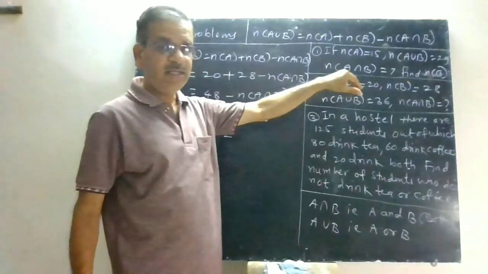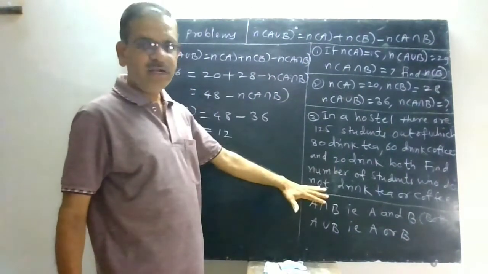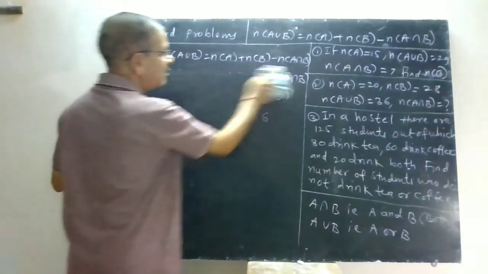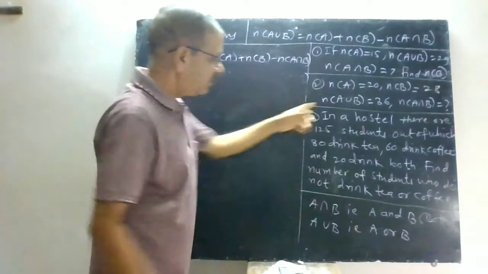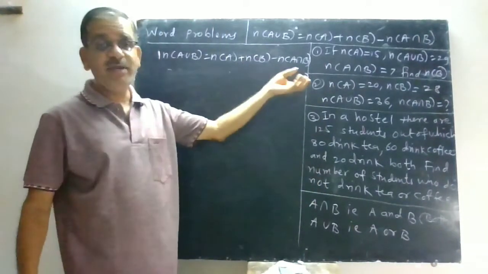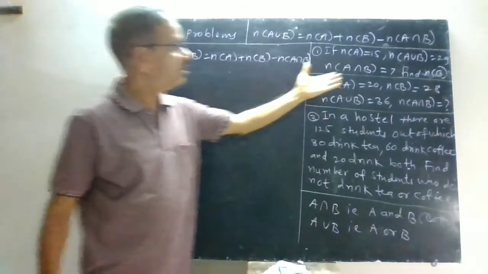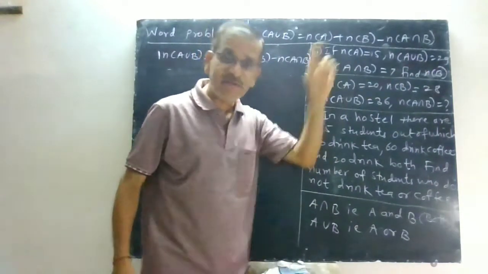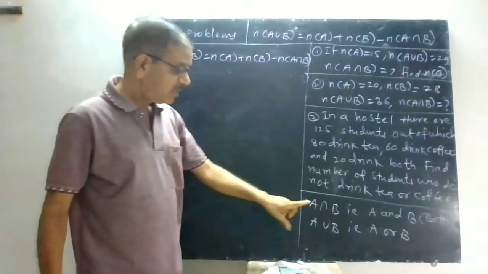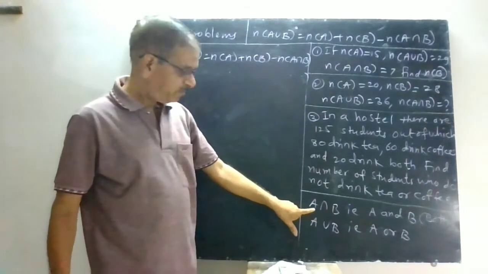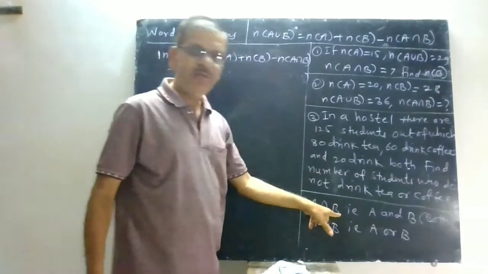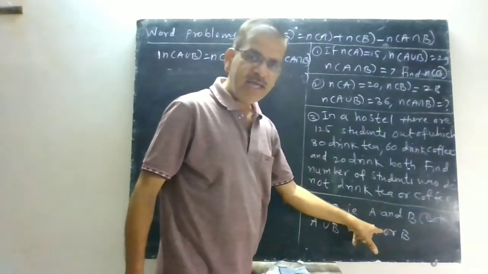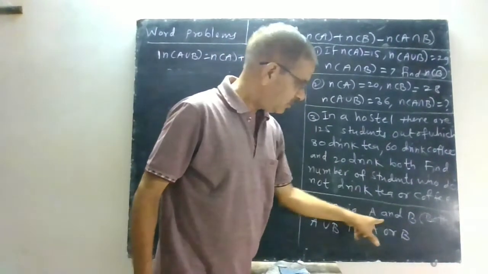Now let us see one word problem I have written already here, where you can use the same formula, but from the given information you have to first find what is n of A, what is n of B. Whatever is given, either A union B or A intersection B, you first have to understand the meaning of union and intersection. When you say A intersection B, the meaning is A and B, that means it is true for A as well as B, so both are there.